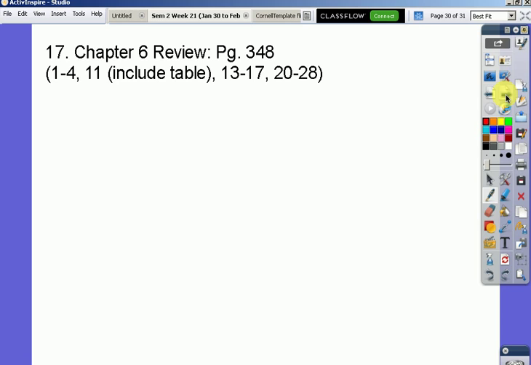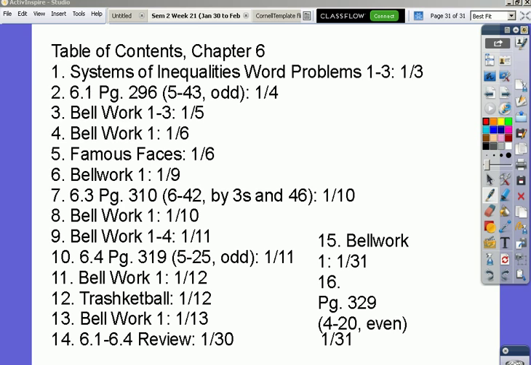I will show the previous page for the table of contents for those that were absent. Here is the previous page table of contents. I missed the bell work first period, so I included the bell work here, 15, 16. 16 was yesterday's assignment that we graded.